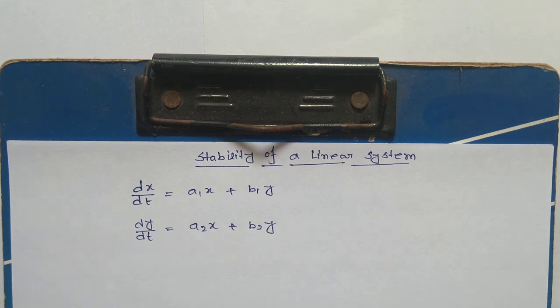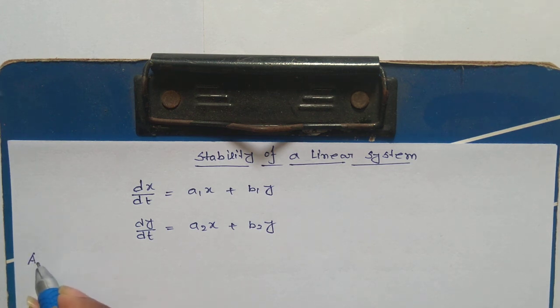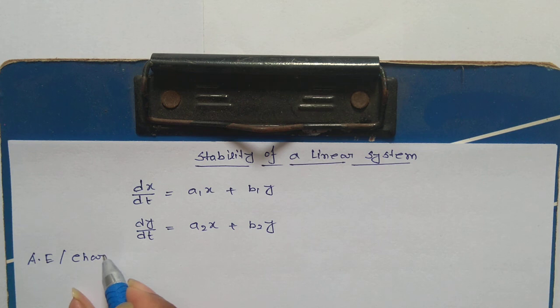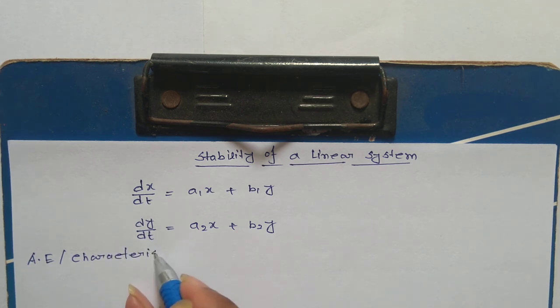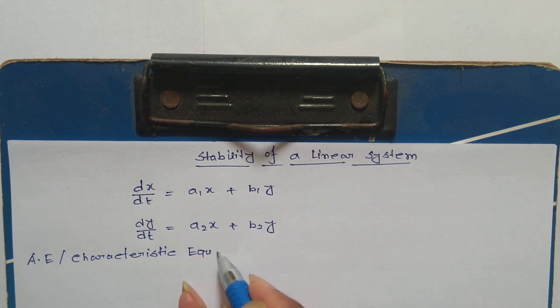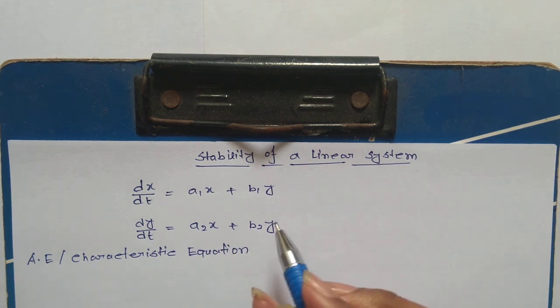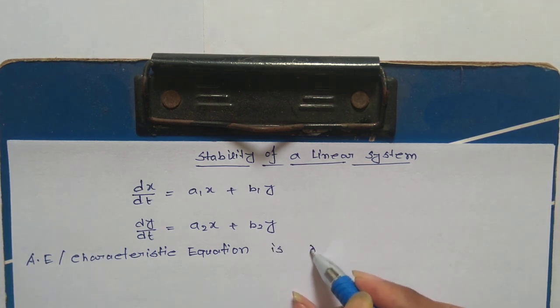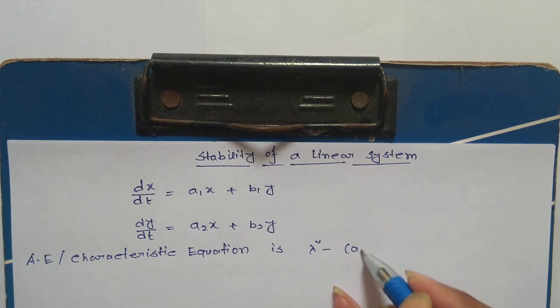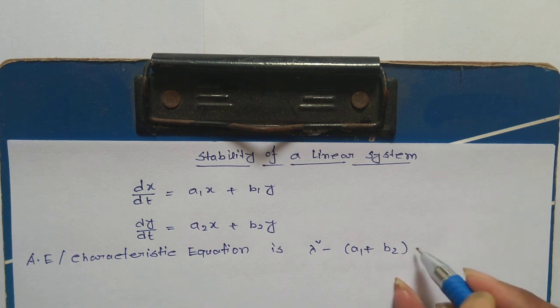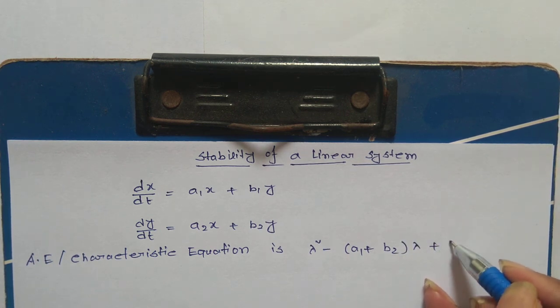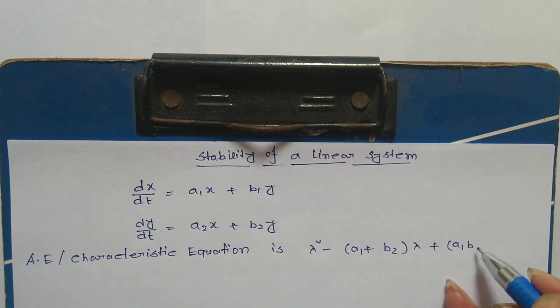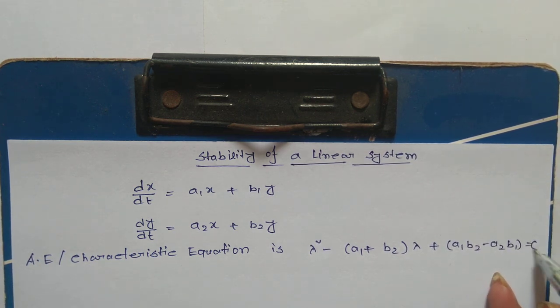Now our auxiliary equation, that is the characteristic equation, is, let's say, lambda squared minus (a1 plus b2) lambda plus a1 b2 minus a2 b1 equals 0.